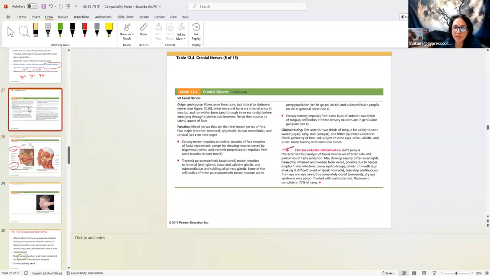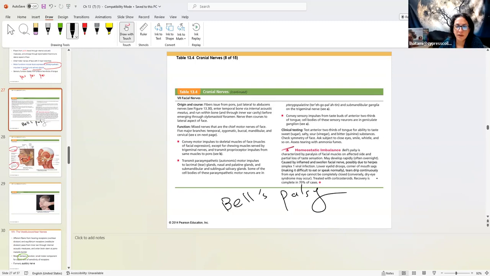So during Bell's palsy, let me see, I believe there should be a clinical testing somewhere in your picture. Oh, it's not there. Cannot find it. Okay, so Bell's palsy is a paralysis of the facial expression muscles. If you don't know it, let me just Google it and find a picture of a patient with Bell's palsy.